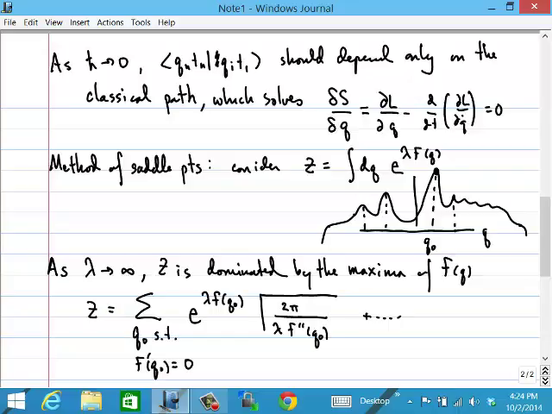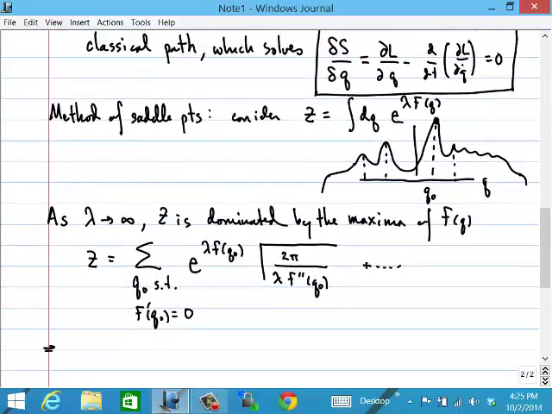Okay. Now, in the case of the path integral of quantum mechanics, we want our integral to localize on those configurations where the functional derivative of S with respect to q is equal to 0.